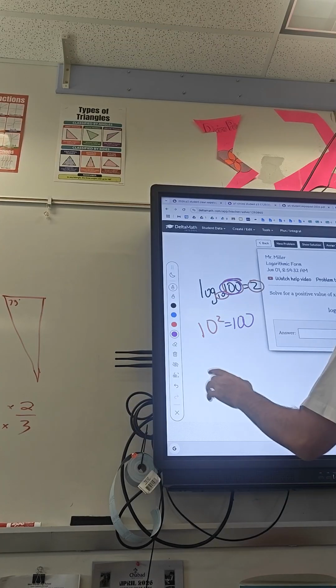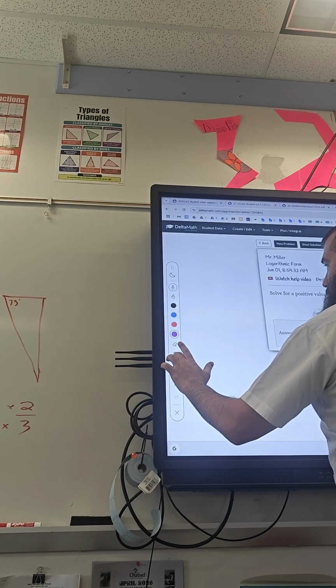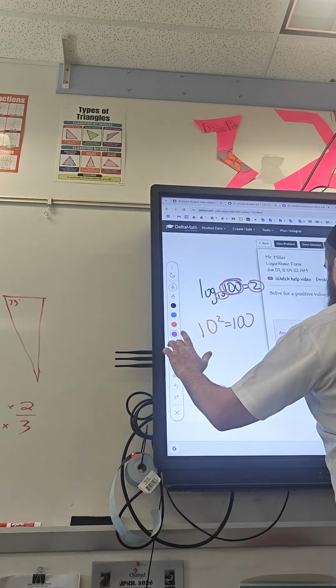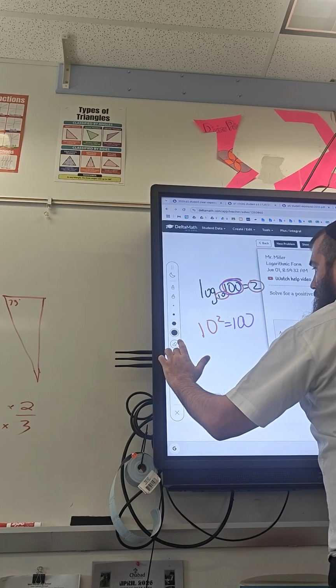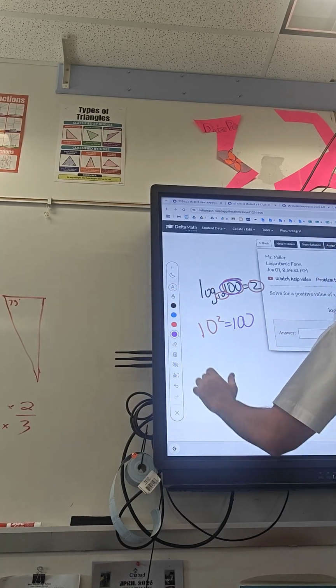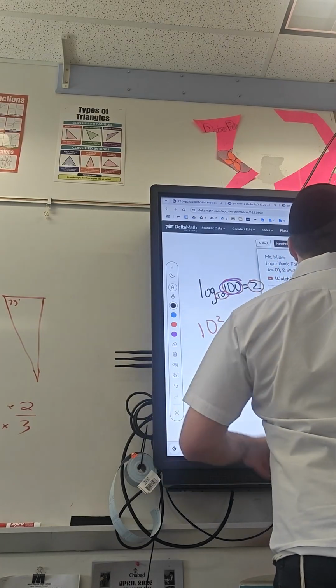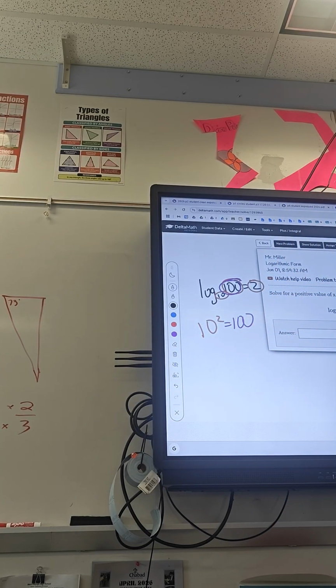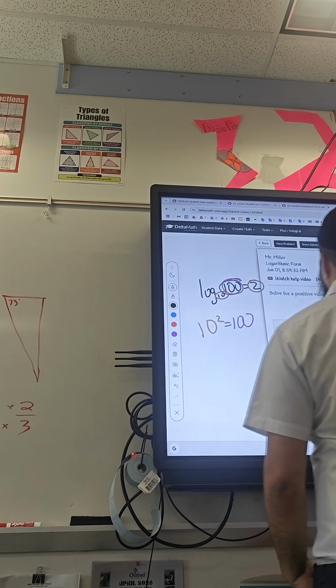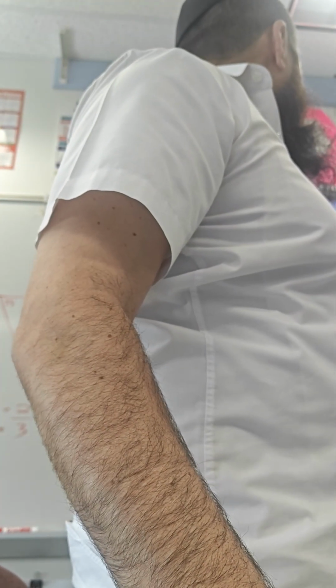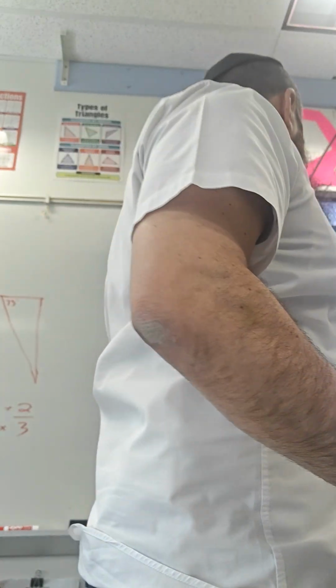So x to the third equals 64. To solve it, you're taking the cube root of each side. The cube root of 64 is just 4. And they want a positive value of x, so that's just 4. And that's that one.